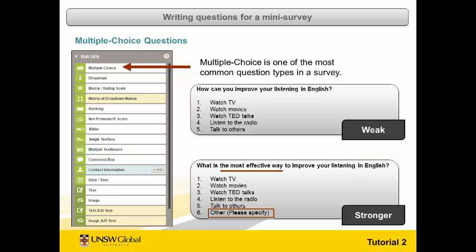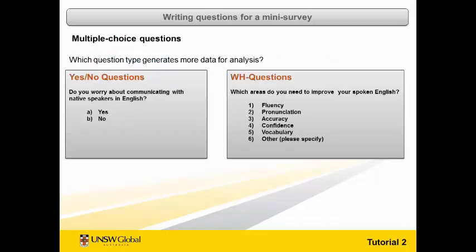So just to finish off, we're going to look at the two different types of multiple choice questions. And I'd like you to think about which type generates more data for analysis: yes/no questions or WH questions. In the yes/no question, you might use this at the beginning or end of your survey as they're very simple to answer.